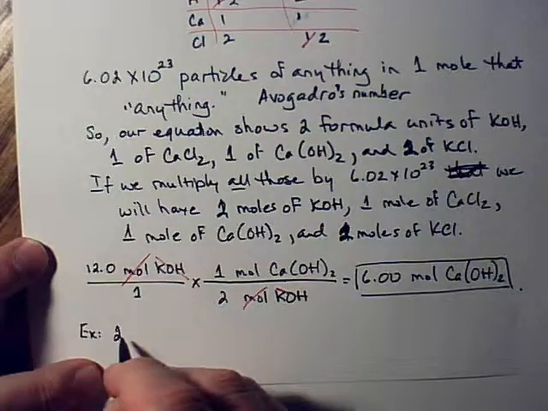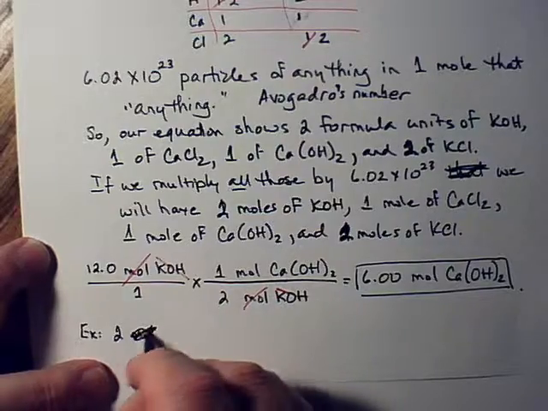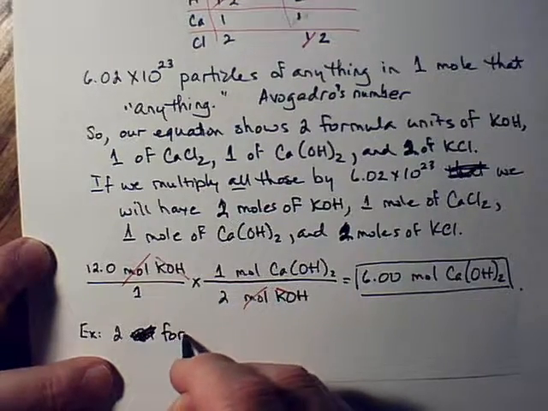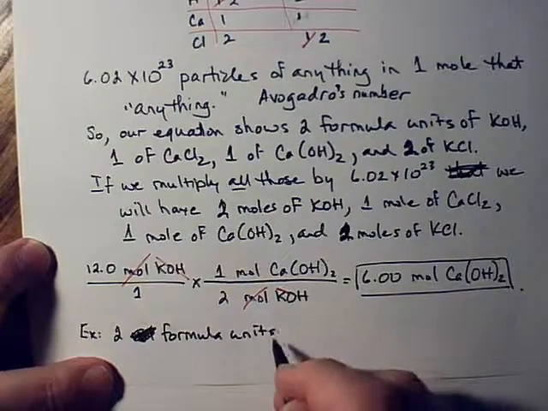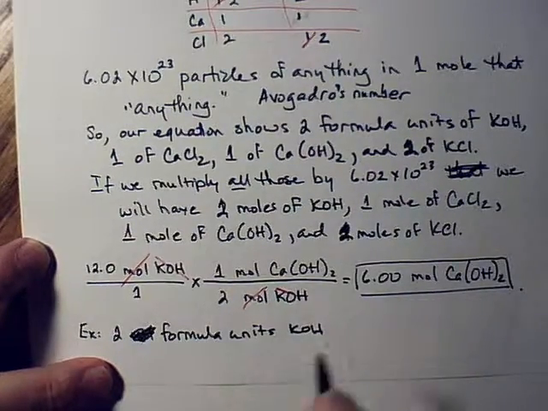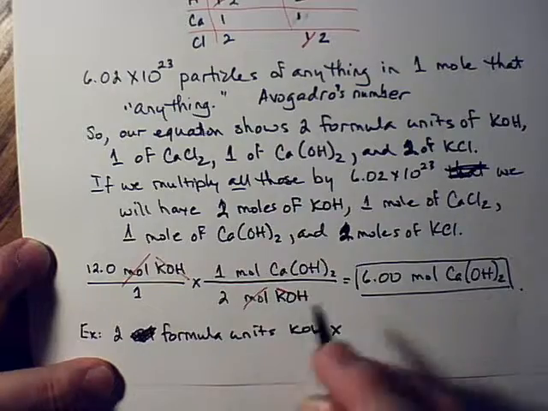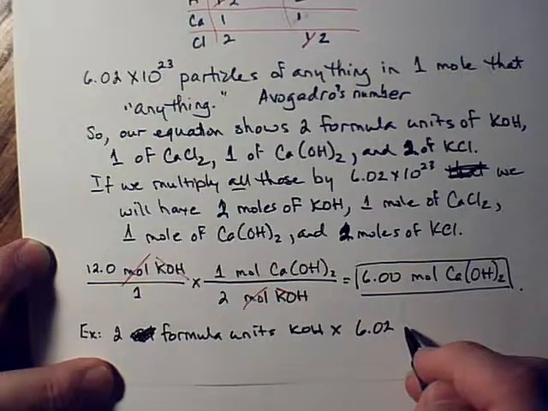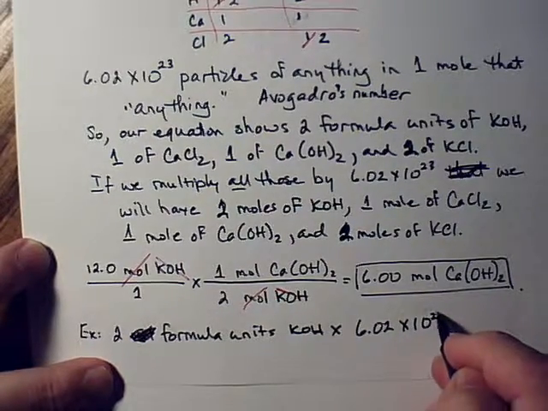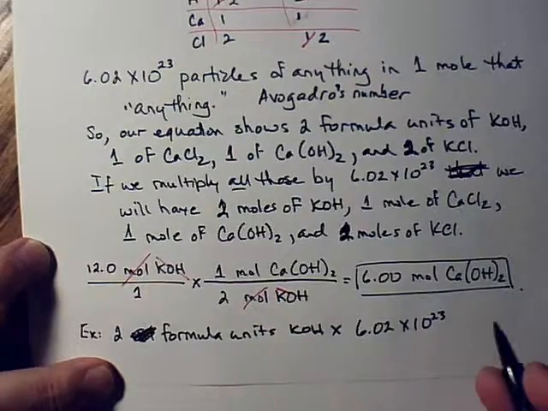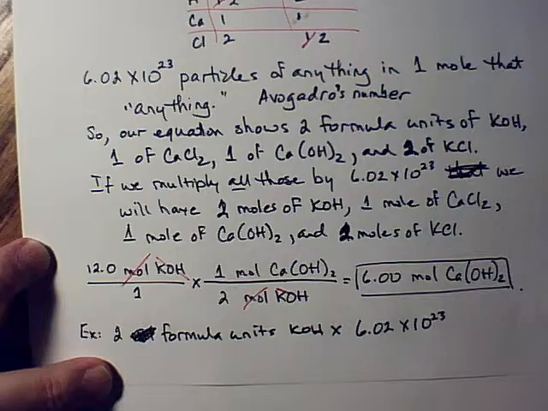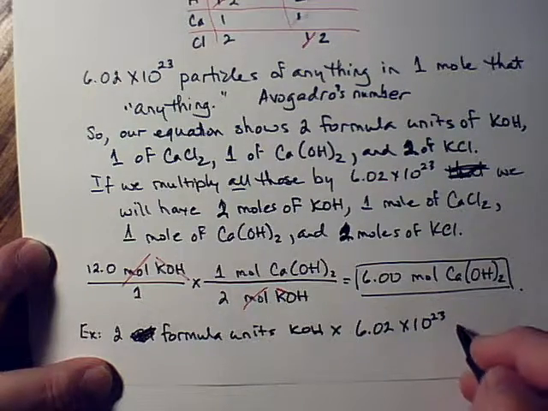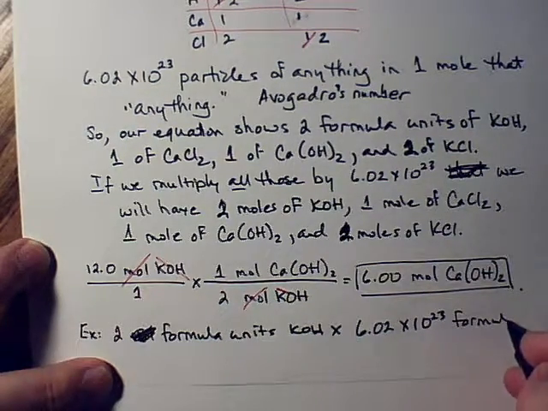All right, I've got 2 formula units of KOH, which I'm going to multiply by 6.02 times 10 to the 23rd power. Okay? And since it applies to any particles, this can be formula units.